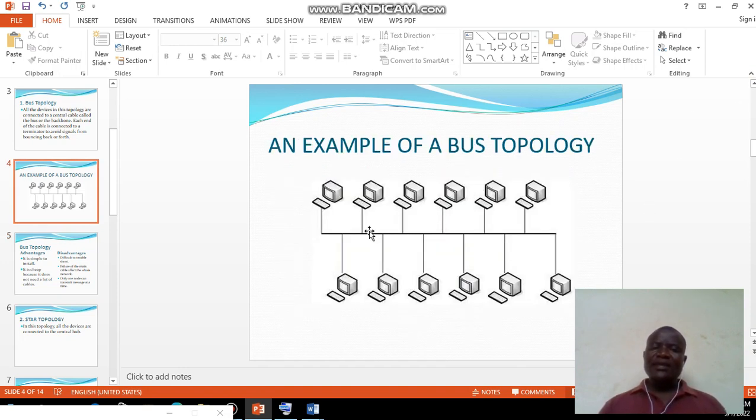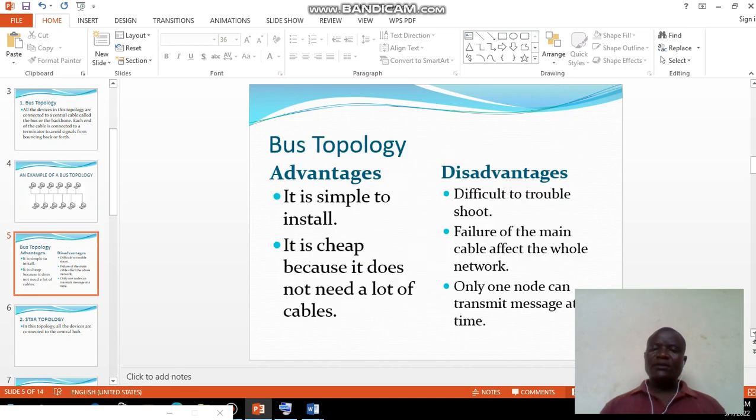So we're saying if this cable fails, if there's a cut somewhere, the whole system, the whole network will not work. Only one node can transmit message at a time. Only one node or computer can send messages at a time.